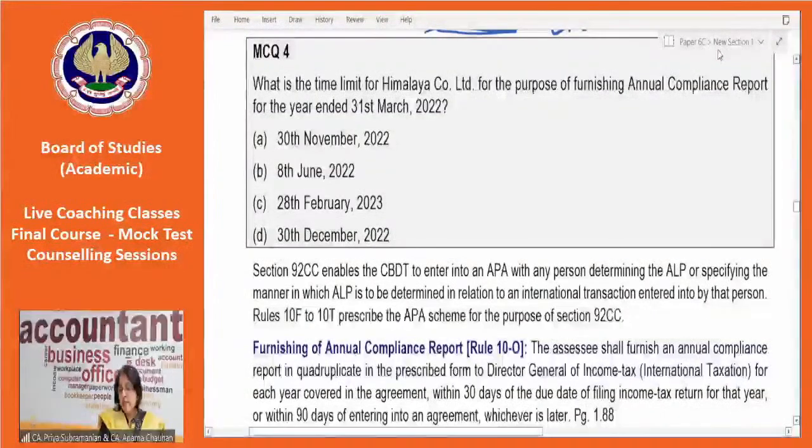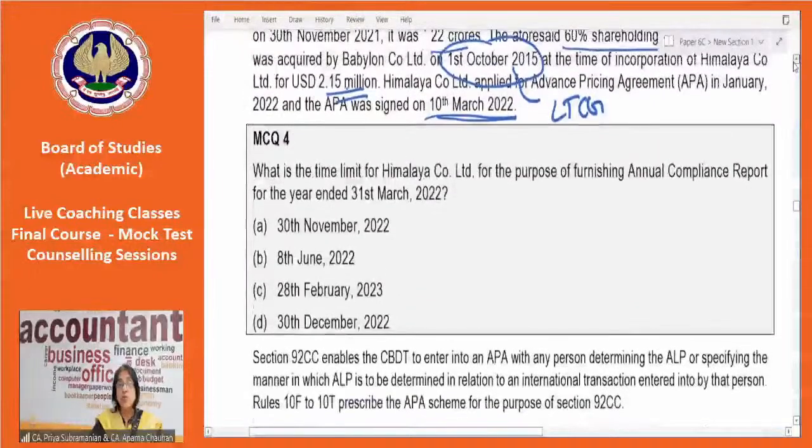So the next question is, what is the time limit for furnishing the annual compliance report for the year ended 31st March 2020? Here the company wants to apply for an advance pricing agreement in Jan 22, and the agreement was signed on 10th March 2020.